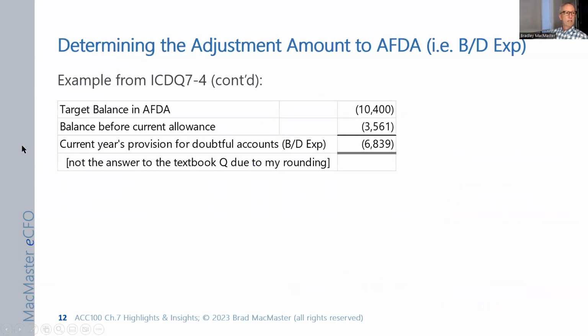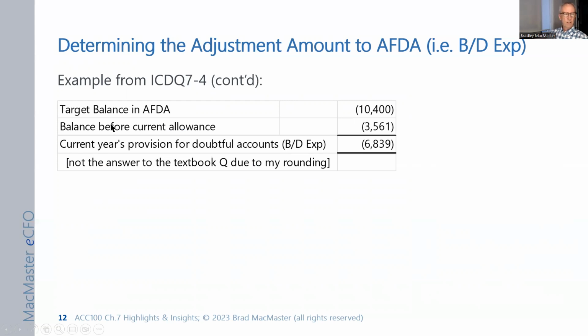So this is how we make the adjustment. The desired target balance in the allowance for doubtful accounts, which is a contra, has to be a negative number. So this is what we want to see, $10,400, which will ultimately be subtracted from or added to the gross amount of accounts receivable to allow us to create accounts receivable net, which goes on the balance sheet.